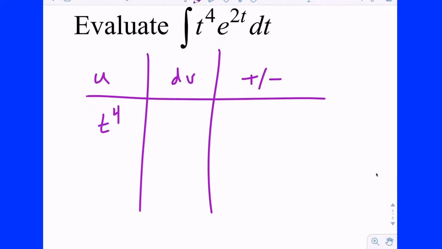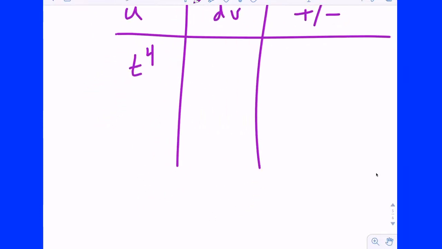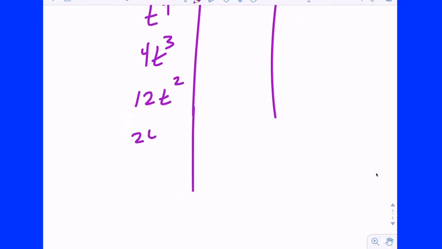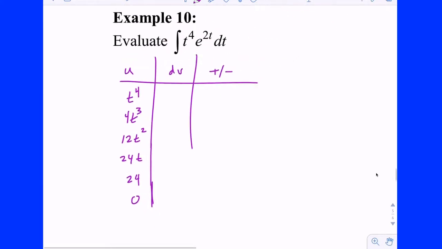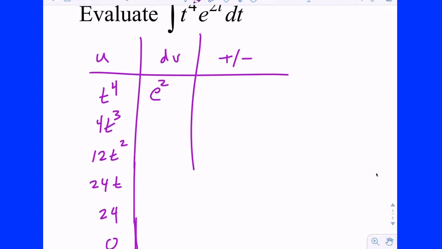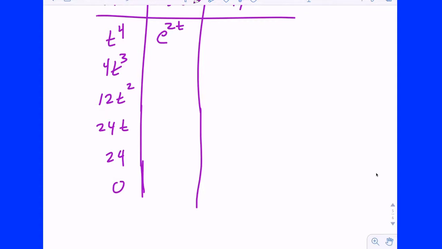So if you have a power term there, that's real easy. Just go all the way down, expire to 0. 4t cubed, 12t squared, keep taking the derivative, 24t, 24, 0. Nice. And now you're just taking antiderivatives of e to the 2t. And every time you take the antiderivative, you're going to have to do what?